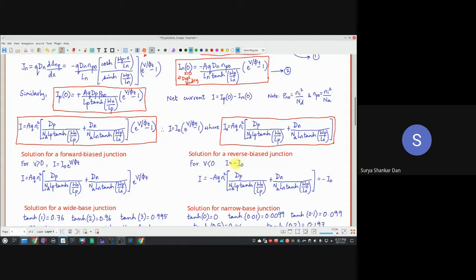That means reverse current. And why is it called a saturation current? Because you can clearly understand that it becomes independent of the voltage. So it will saturate in the negative. So essentially, if we are drawing the IV characteristics now, this is simply responsible for this small amount of current in the reverse bias.